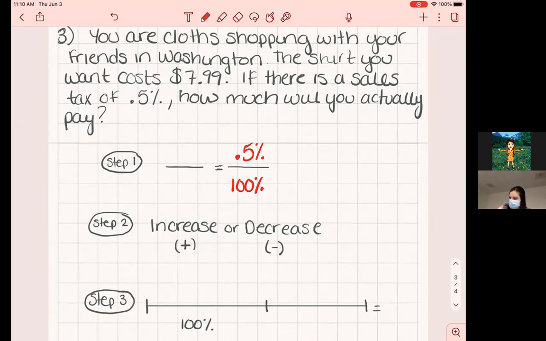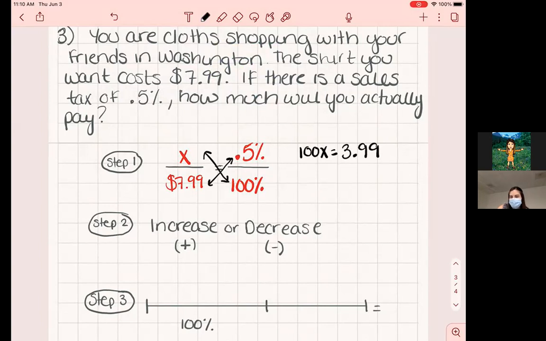All right, so when we set this up, we should have said that the whole was $7.99 and that we didn't know what that part was yet. We'll cross multiply, get 100x equals, I'm totally going to use a calculator for this, 7.99 times 0.5 is rounded to 3.99.